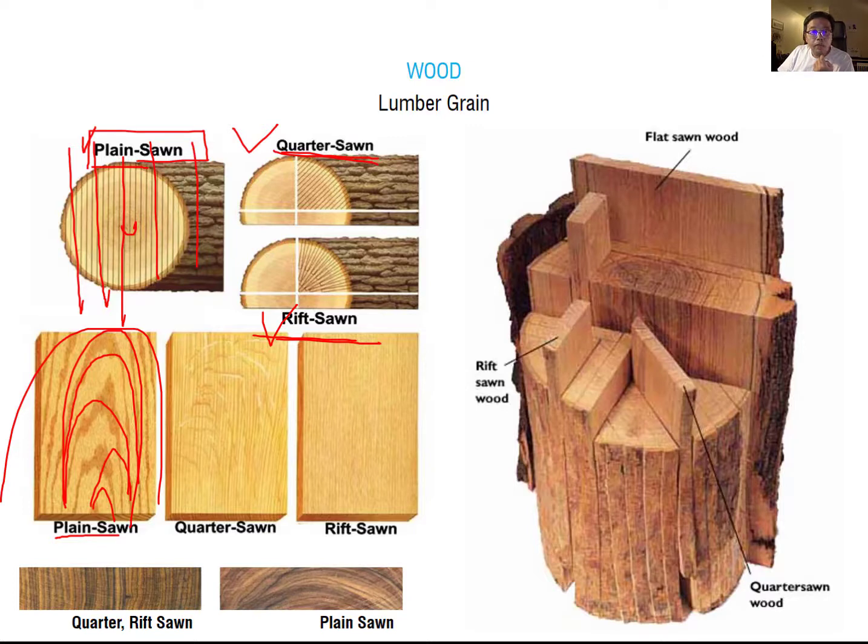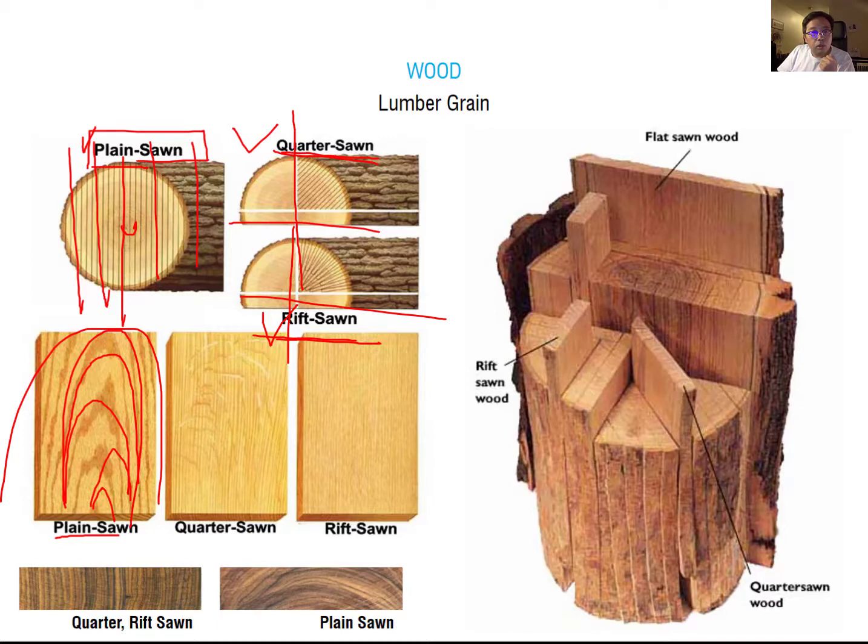For the quarter sawn and rift sawn, first they have to cut the quarter, and then both quarter sawn and rift sawn are the same. They just first cut the quarter, but have a little bit different cutting after cutting the quarter of your timber log.